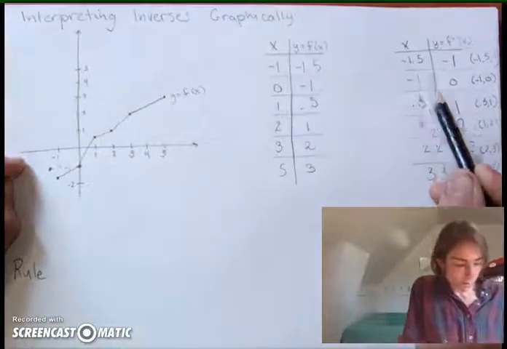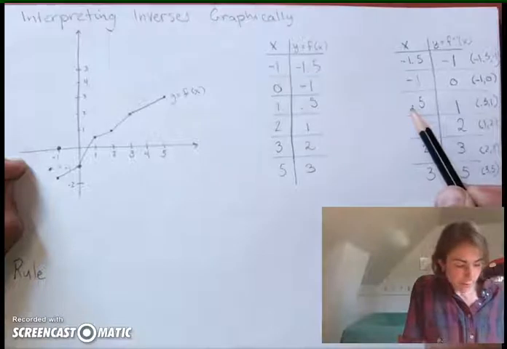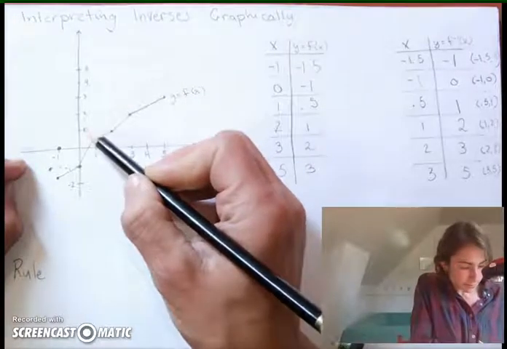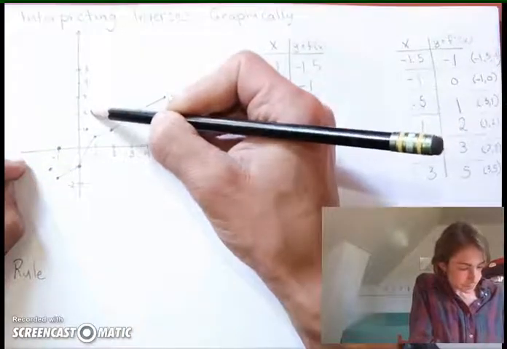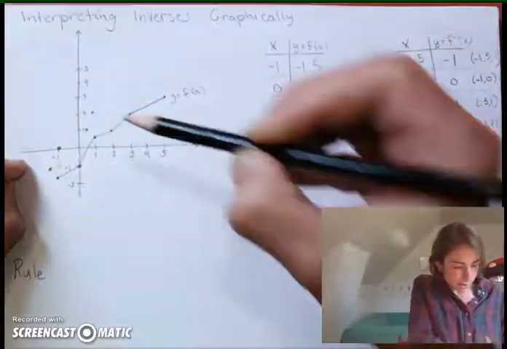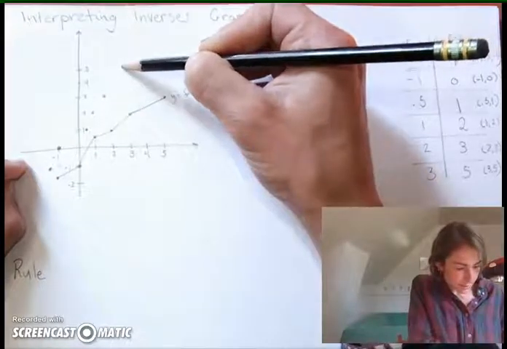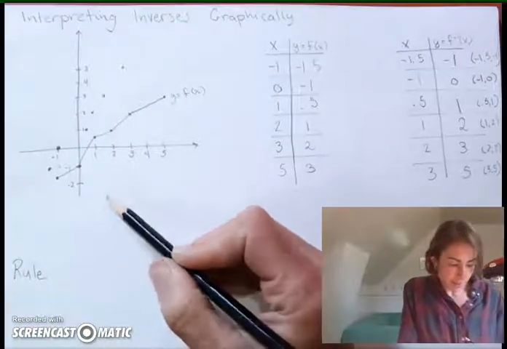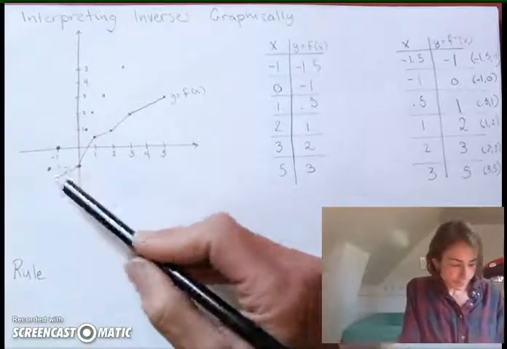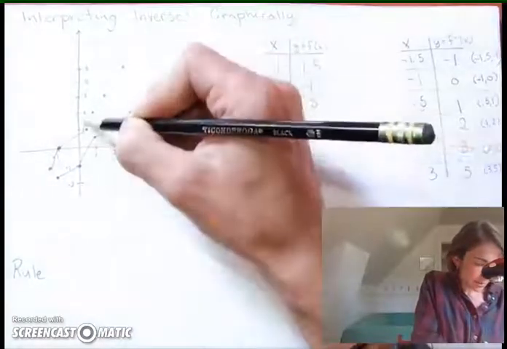Then I'll plot -1 comma 0, 0.5 comma 1, 1 comma 2, 2 comma 3, and 3 comma 5. And I know that each of these were connected up in straight line segments. So I'll connect them up.